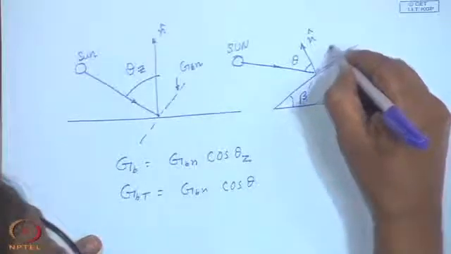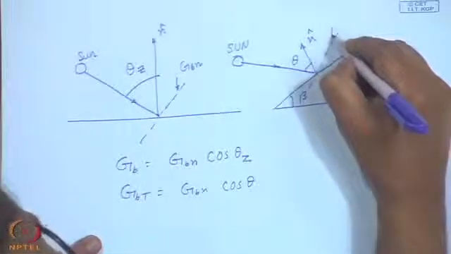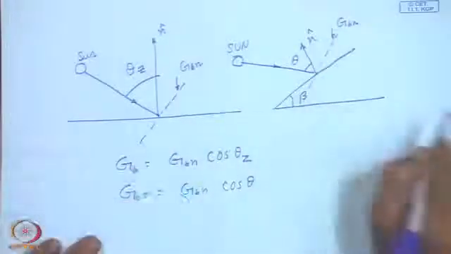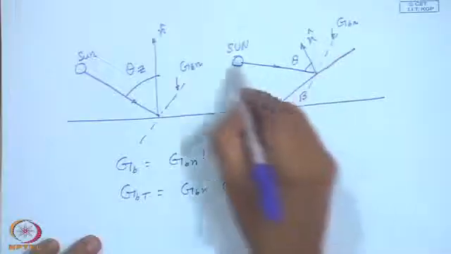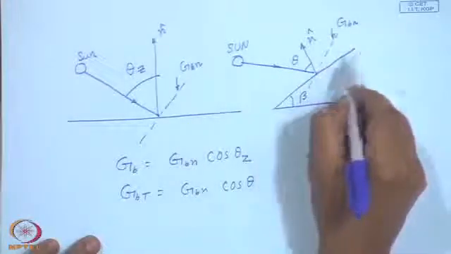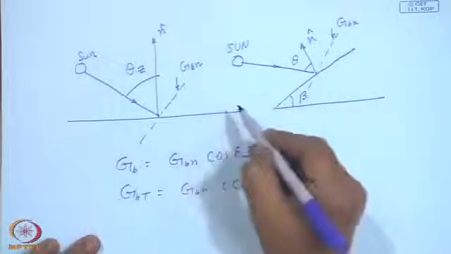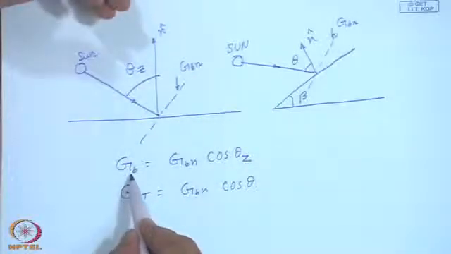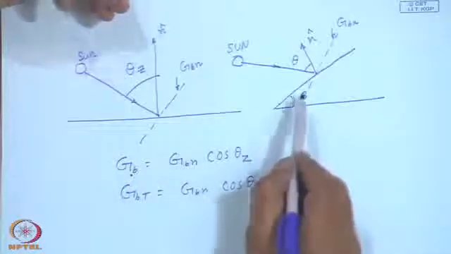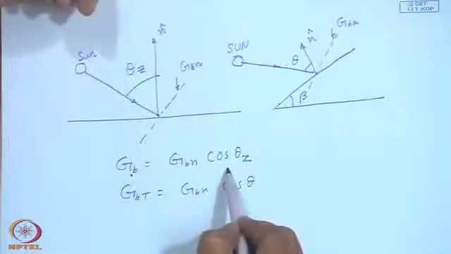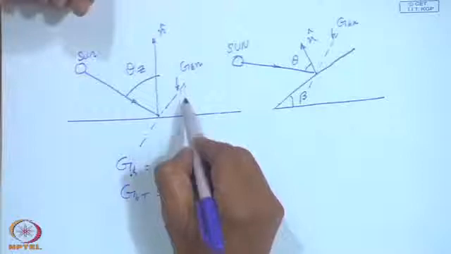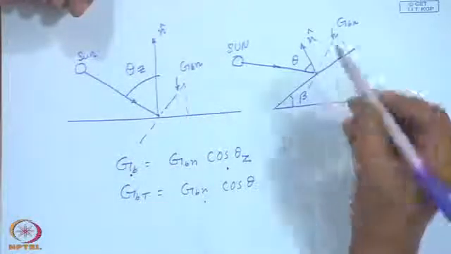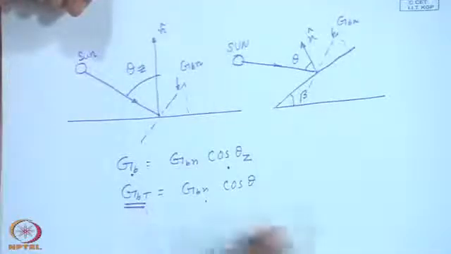That also will be G B n. The reason being, this is the plane normal to the sun's ray, whether there is a tilted surface or a horizontal surface is no consequence. So, the horizontal radiation G B will be either G B normal into cos theta z, here projection of this, or G B normal into cos theta, which will be G B t. Okay.